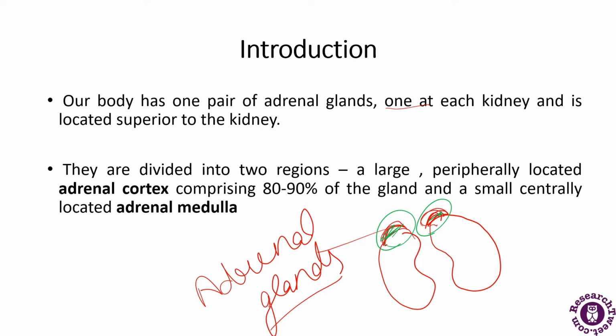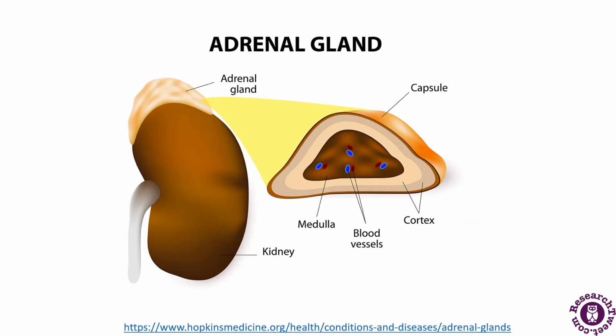They are further divided into two regions. A large, peripherally located adrenal cortex that consists of 80 to 90% of the gland, and a small, centrally located region called the adrenal medulla. As you can see here, each kidney has one adrenal gland, and this is the magnified view of the adrenal gland.